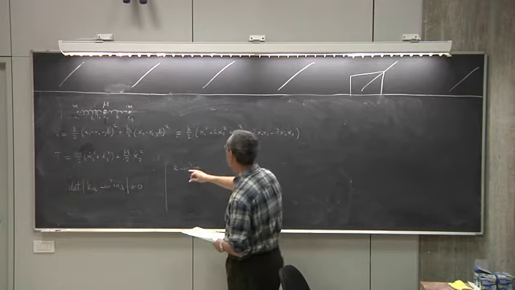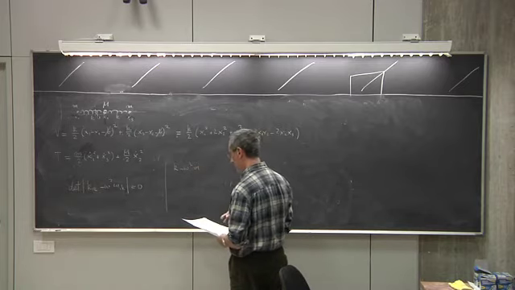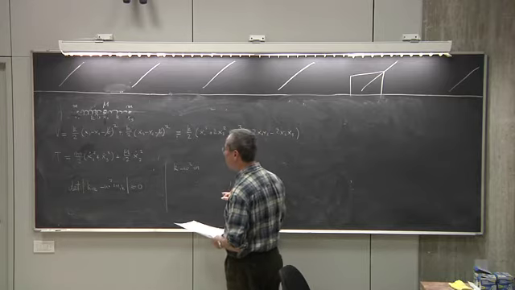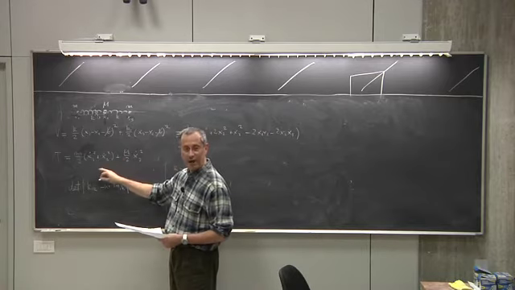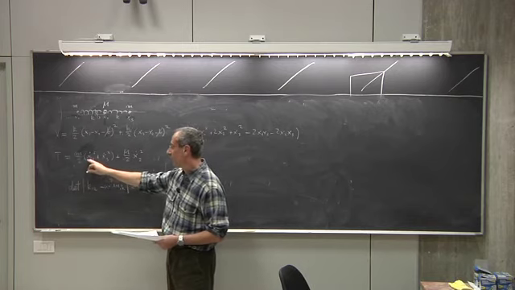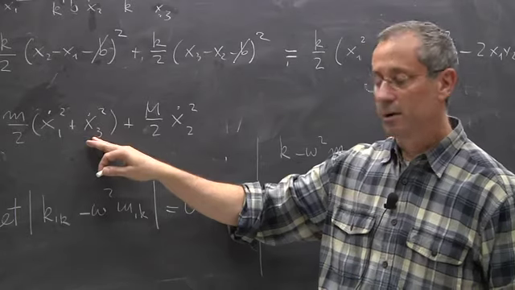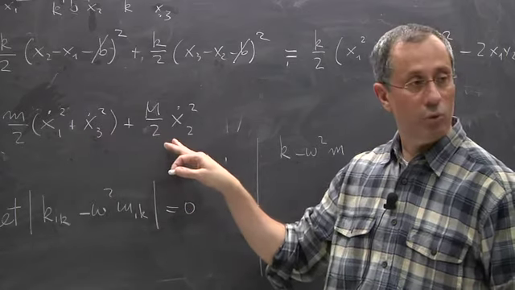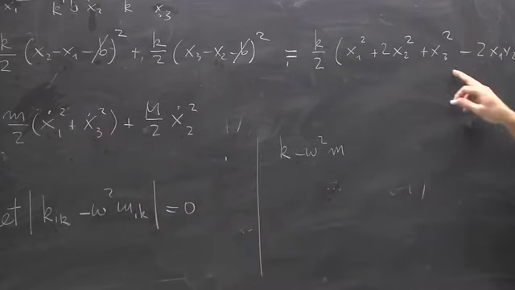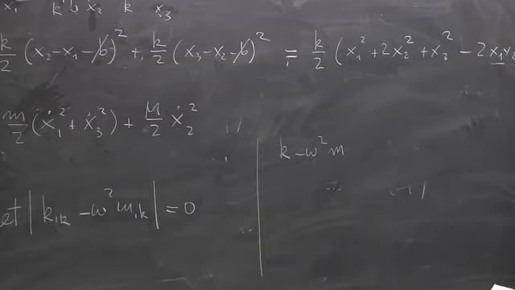What is the 1,2 entry? The 1,2 entry is not here in the kinetic energy, because you see that it's diagonal. The kinetic energy is diagonal. You only have the 1,1, the 3,3, and the 2,2 element. But you see that the potential is not diagonal, because there is some mixing between them.